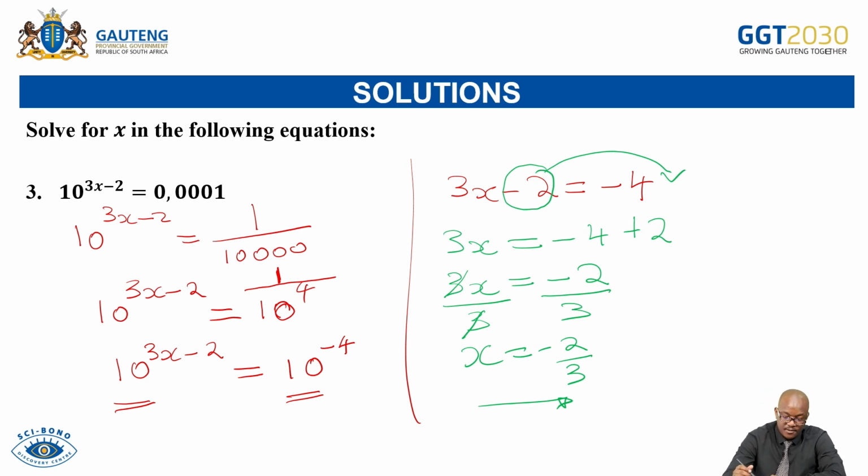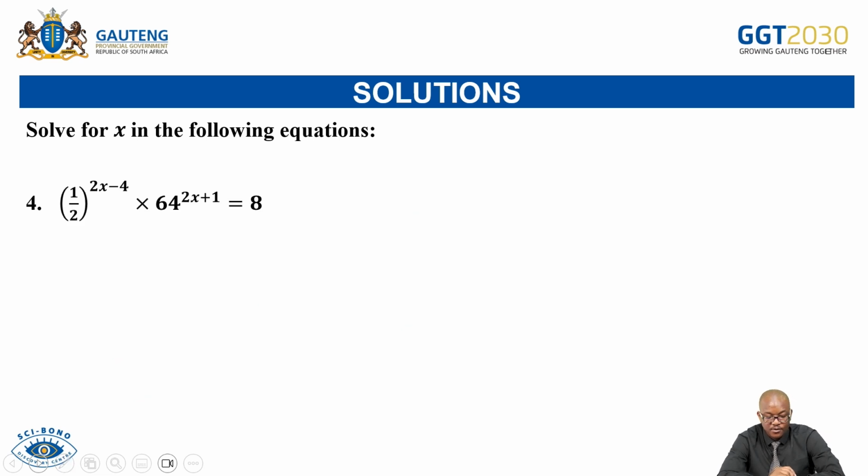So now, you don't have to be worried when you see decimal numbers. You can easily use your calculator to get them into proper fractions. Okay? Then now, we're looking at the next one.